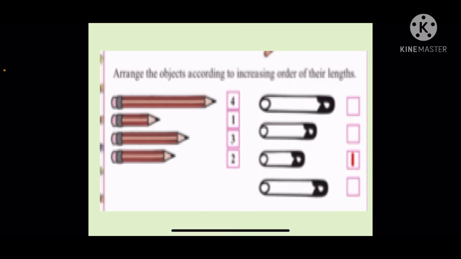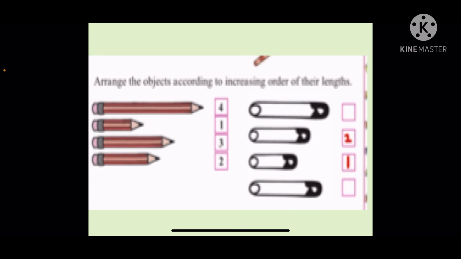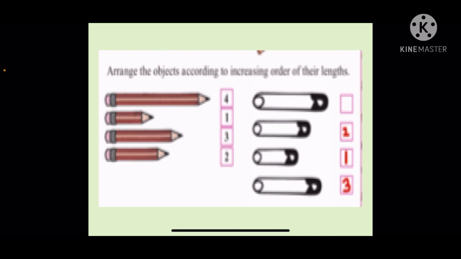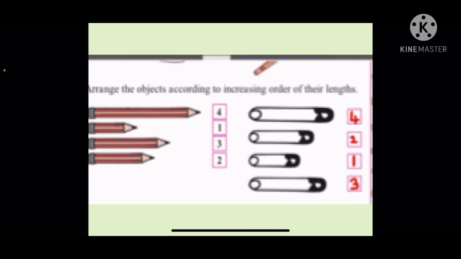Now we have to search for the pin which is little more in length than the first one. That is the second pin. So we will write 2 for this pin. Now the last pin is little more in length than the second pin. So the last pin will be number 3. And the first pin is the longest pin. So that will be number 4.